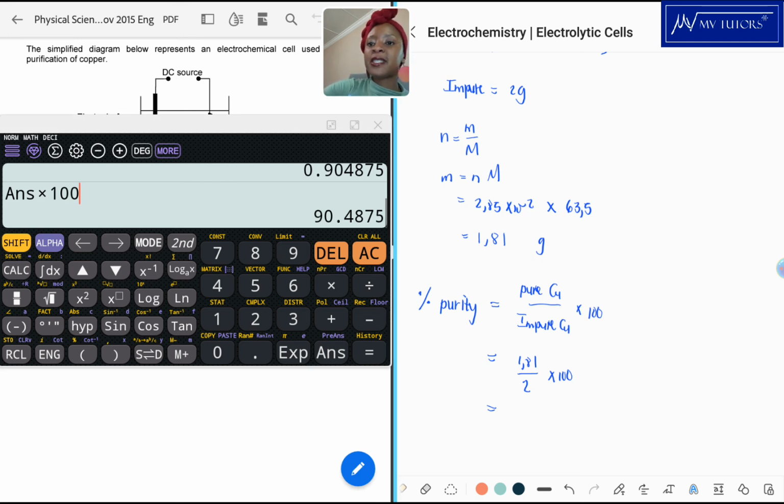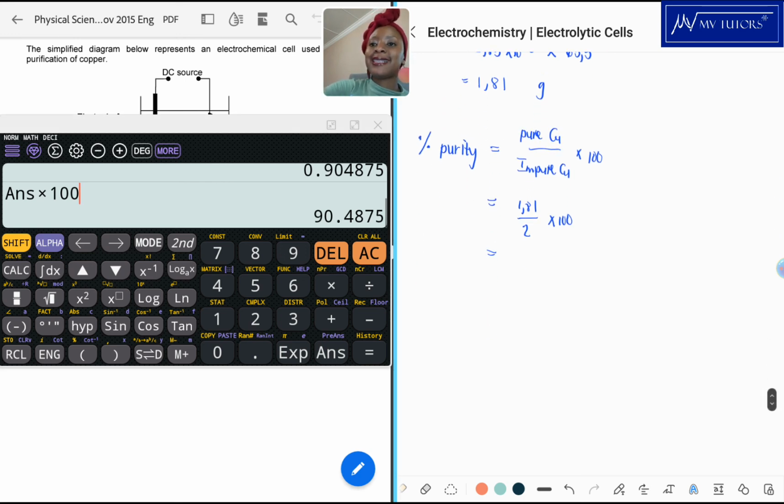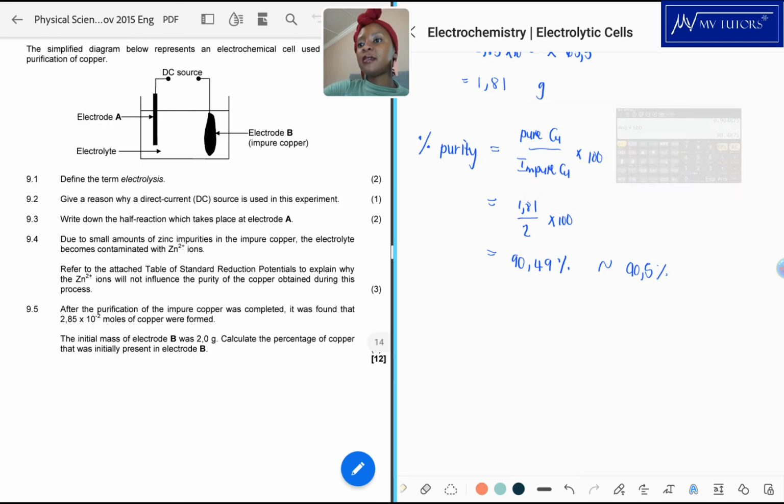So actually the percent purity there is 90,49%. Or you could say 90,5%. It's pretty close. Yeah, that's the percent purity.